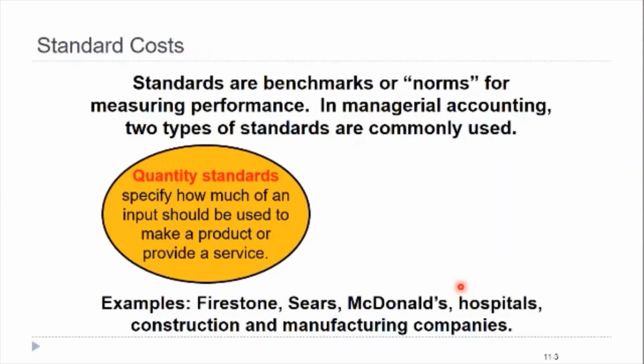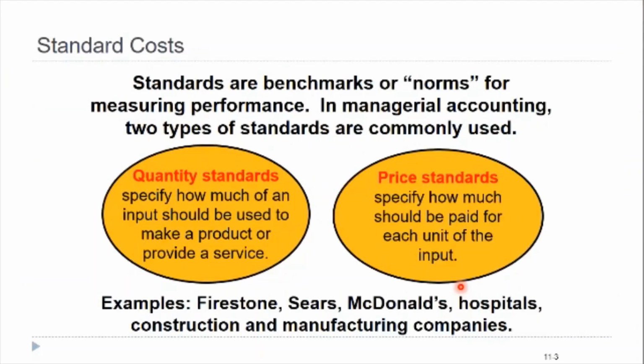Standard costs are benchmarks or norms for measuring performance. In managerial accounting, 2 types of standards are commonly used. You will see other types of standards, but they all can be broken down into quantity standards and price standards.